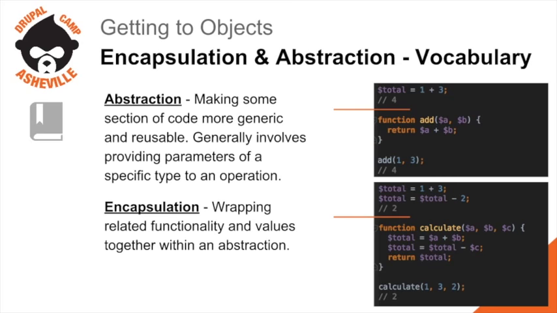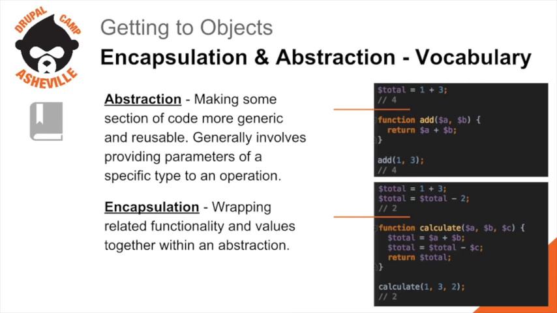So here we have at the top just the word total equal 1 plus 3, which is not reusable. Like, sure, we have the number 4, we've got this calculation, and it works in that one spot. But what we can do is we can make a function that adds any 2 numbers, and now we have something that's incredibly reusable to the system. We've abstracted this concept of a single calculation into a thing that can perform calculations for us. So that's abstraction.